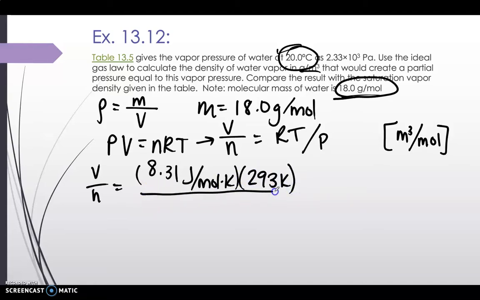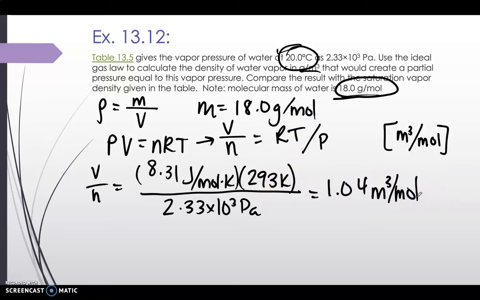Okay, and we're going to divide it by our pressure, 2.33 times 10 to the third pascals. Okay, so from this, we get an answer of 1.04 meters cubed per mole. Okay, now what we're going to do is we're going to take our density and plug these values in.